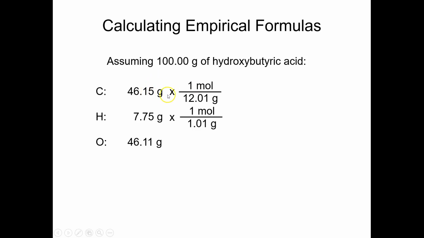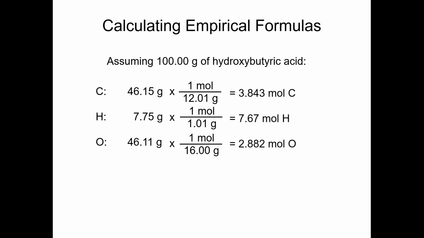The mass of carbon, I'm going to divide by the molar mass of carbon. The mass of hydrogen, by the molar mass of hydrogen. The mass of oxygen, by the molar mass of oxygen. That will tell me how many moles of each are in a 100-gram sample. So in a 100-gram sample of hydroxybutyric acid, I've got 3.843 moles of carbon, 7.67 moles of hydrogen, 2.882 moles of oxygen.